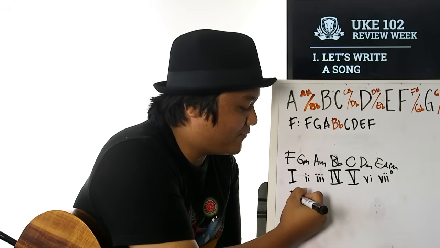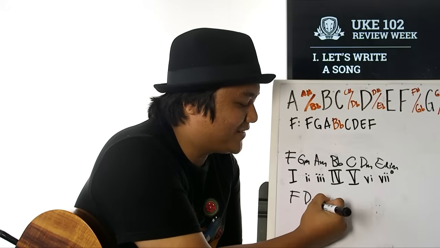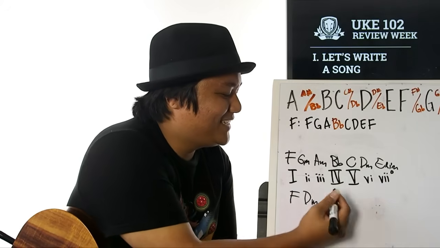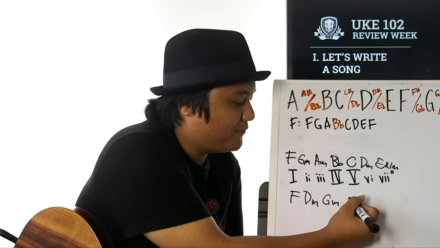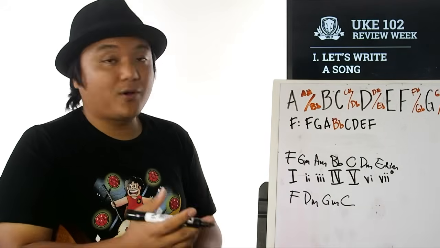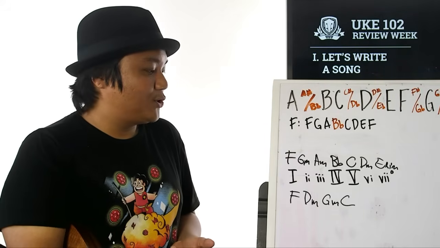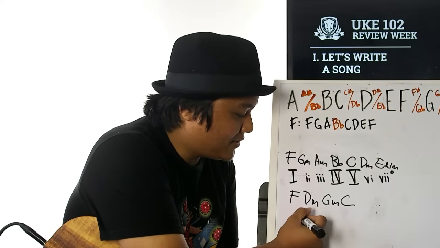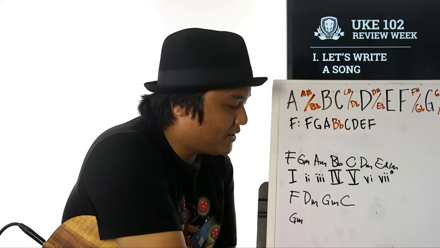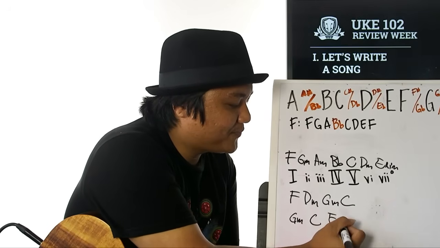We have F for 1, then D minor for 6, then G minor for 2, and then C for the 5. Okay, for the chorus, let's do a simple 2-5-1. So 2-5-1 will be G minor, 5 will be C, and then the 1 will be F.